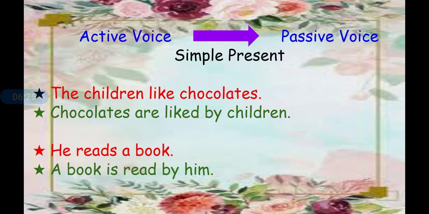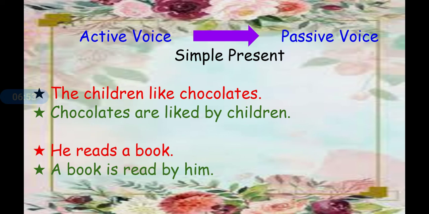Chocolates are liked by children. Because the verb is there in the present tense, we have to use is or are. If it is singular, we should use is. If it is plural, we should use are plus past participle form of the verb while converting from active voice to passive voice. So, chocolates are liked by children.